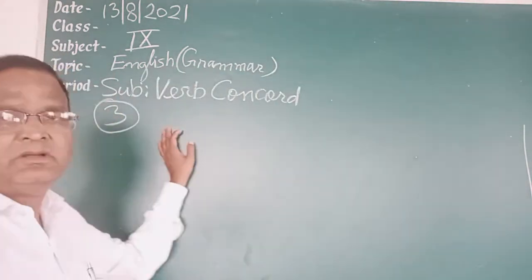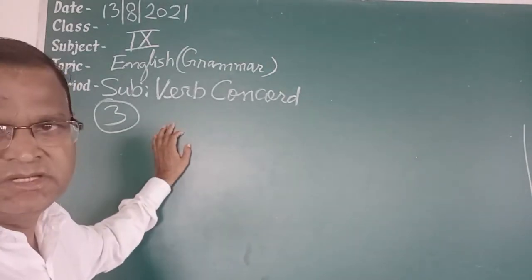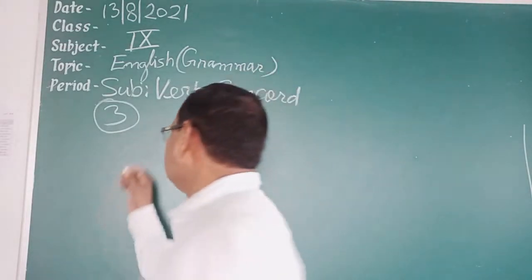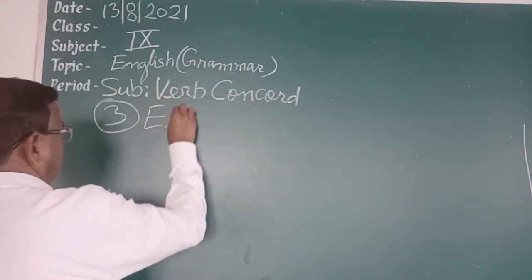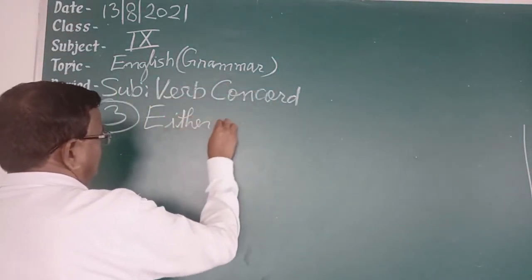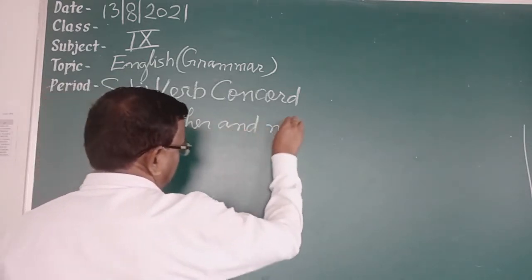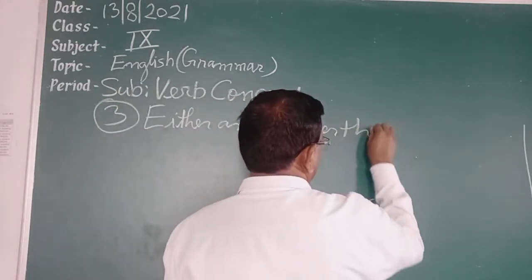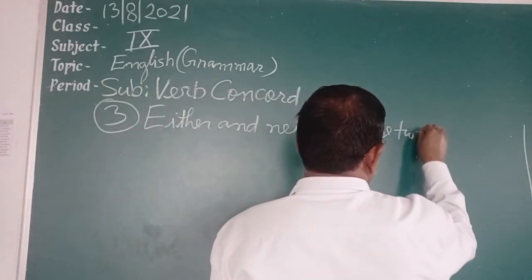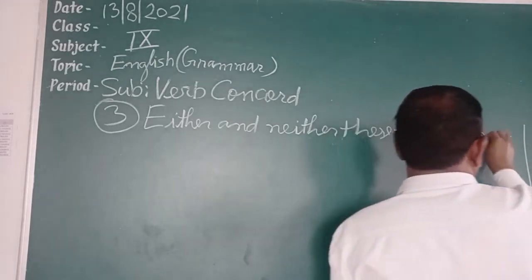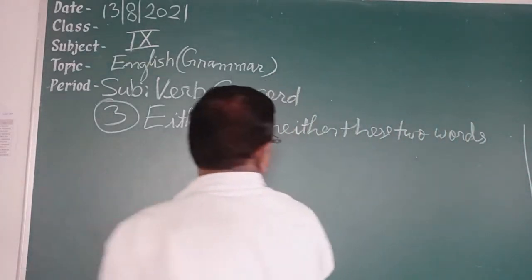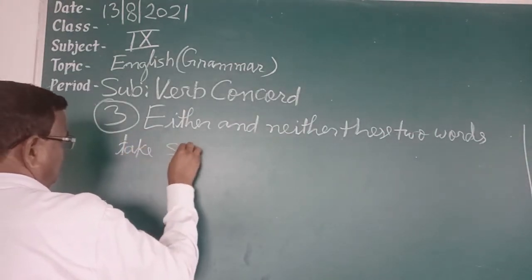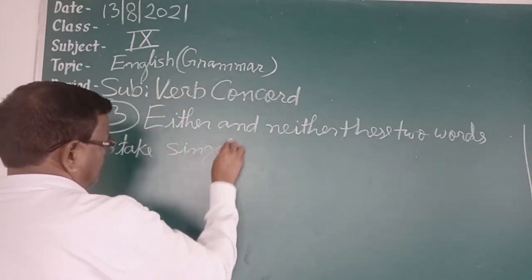Rule number three says that either and neither, these two words take a singular verb.